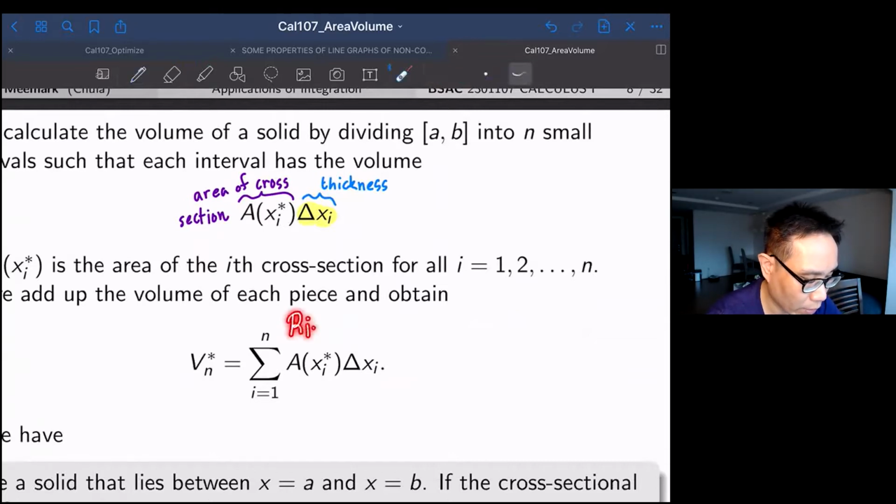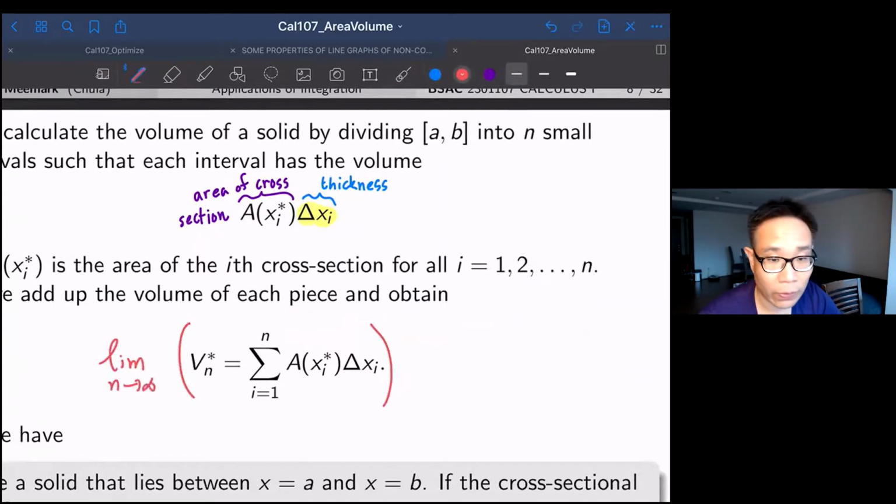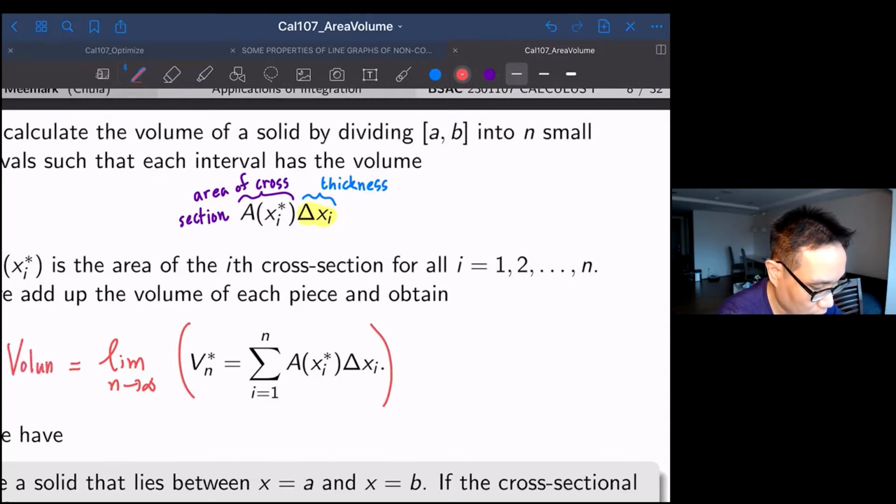You take the limit as n goes to infinity, which means you divide the interval into many pieces, and this gives you the volume that you're looking for.